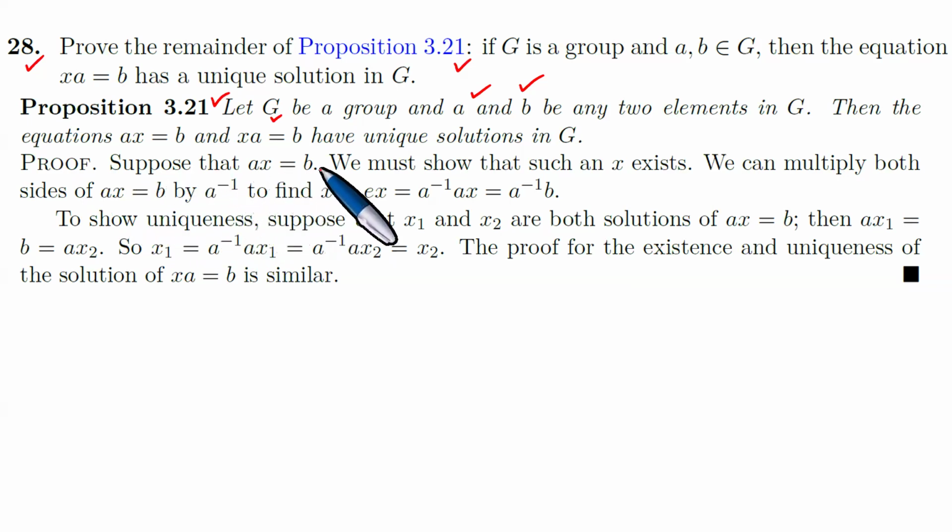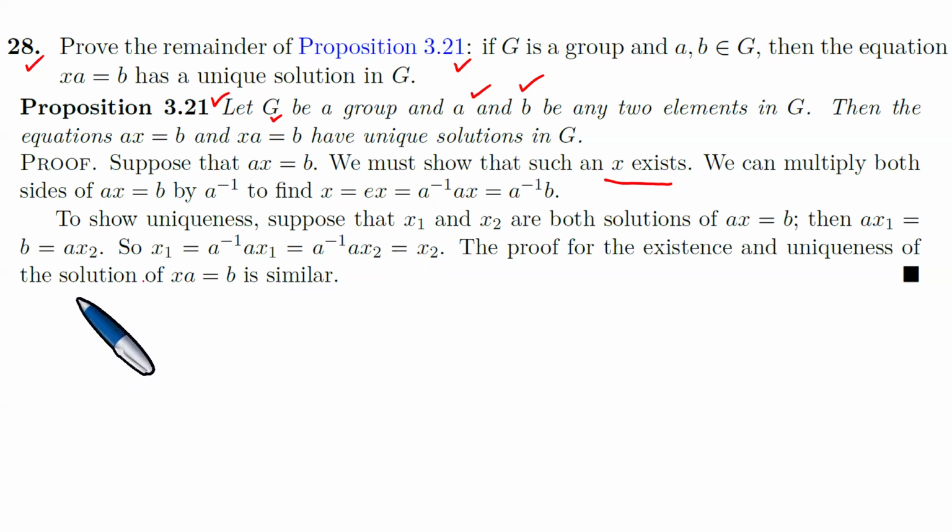Suppose that AX is B. We must show that such an X exists. So we can multiply both sides of AX equals B by A to the -1, the inverse of A.